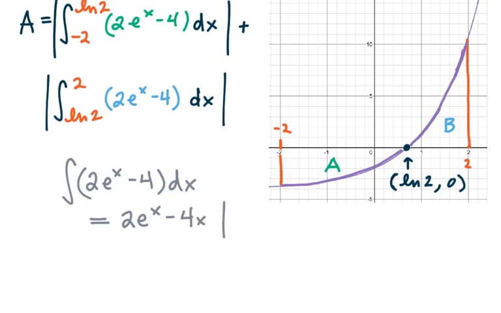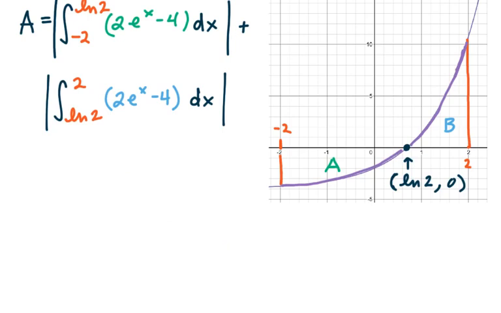And so we'll have our bounds there for each of these. Okay? So this area is going to be, as I just said, the first part, we'll have 2e to the x minus 4x. We need to evaluate that between natural log of 2 and -2. And of course, use our absolute value bars.